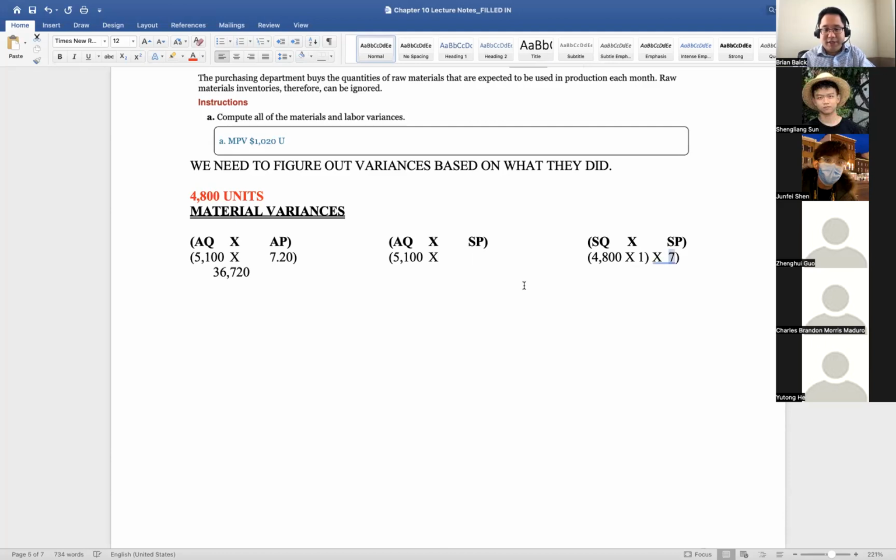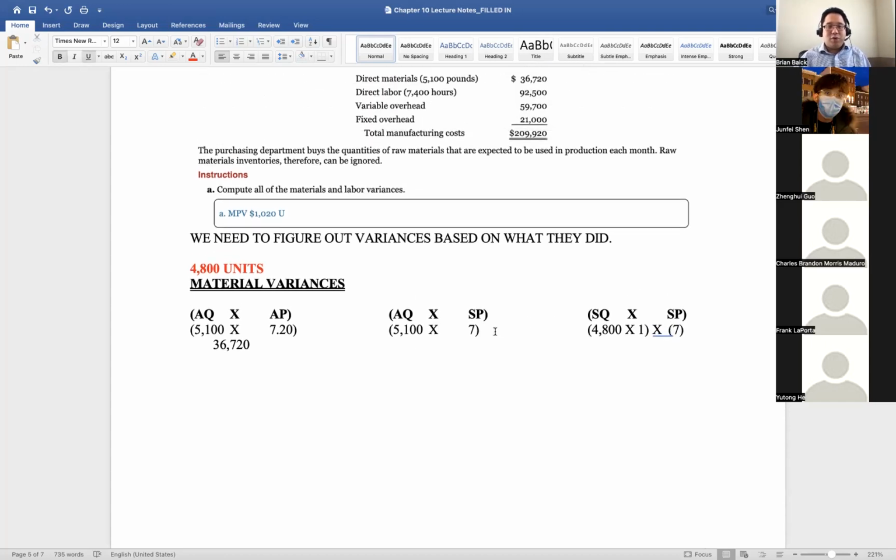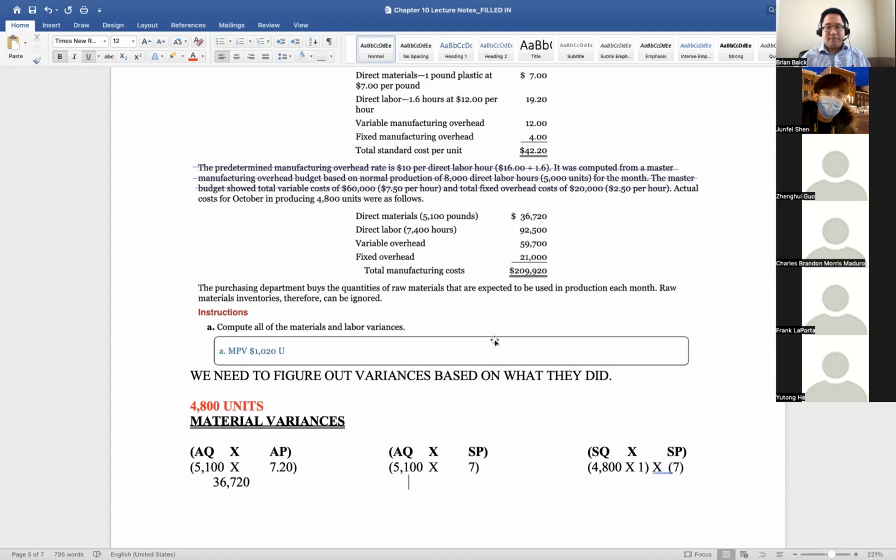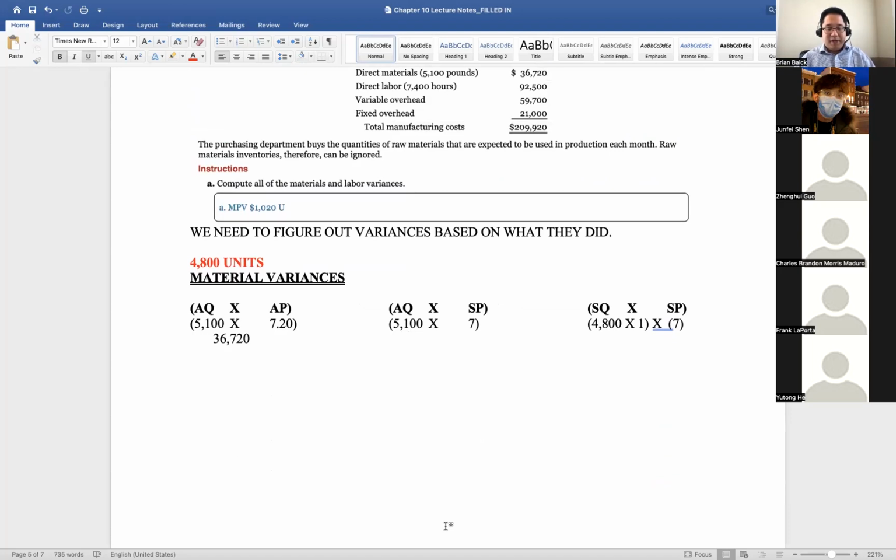That's from over here on the right side, so 7. Okay, anybody have any questions on where I got these numbers from? Okay, then the fun part begins.